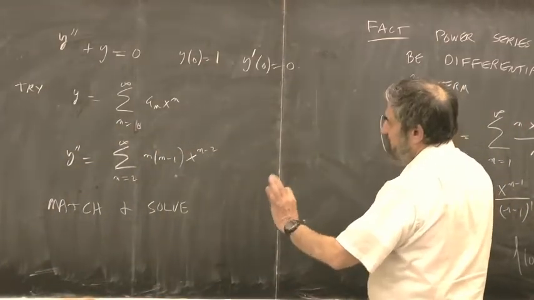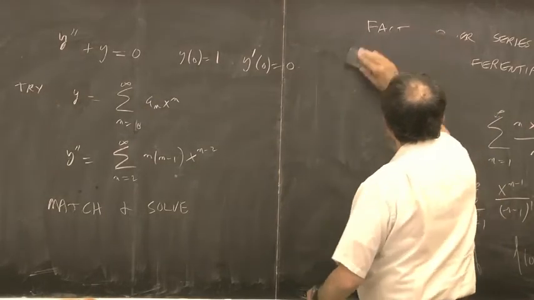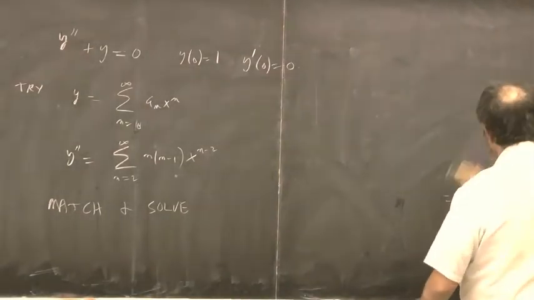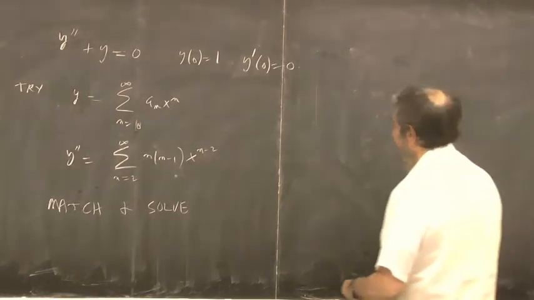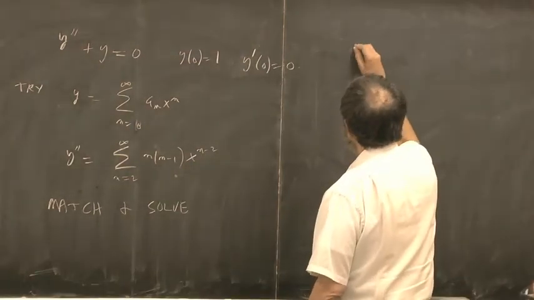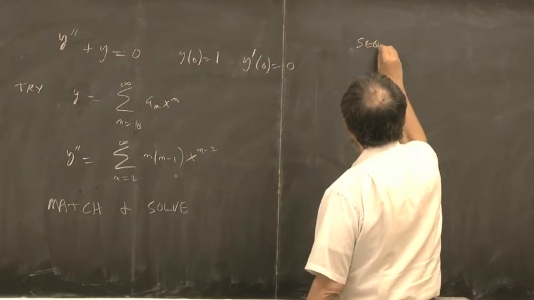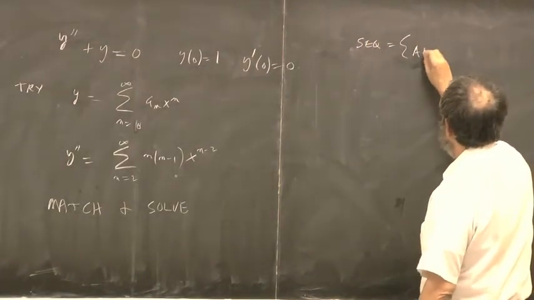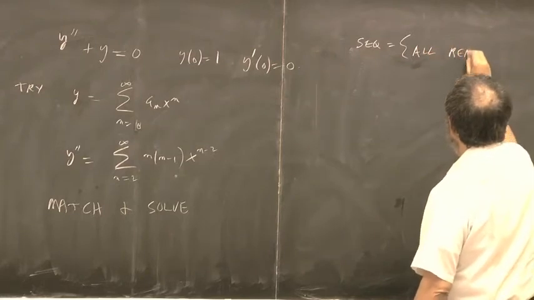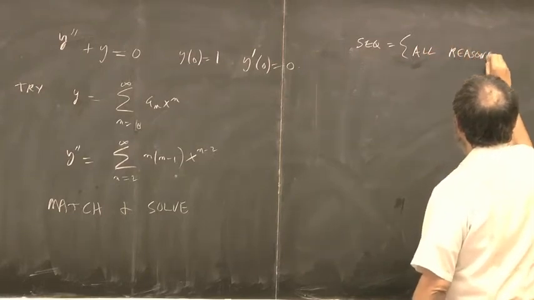Now I want to think of power series as really a transform problem, and this is the way you can think of it. We'll have two spaces. We'll have, let's say, seq, which is all reasonable sequences of complex numbers. I'm not going to define that, but it means they don't grow too fast.